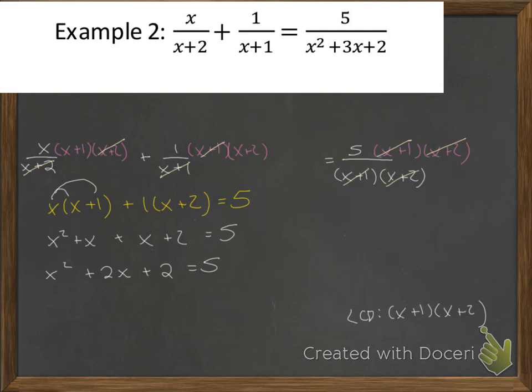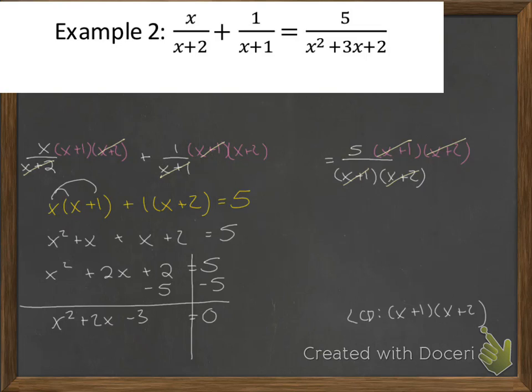Now remember, we are dealing with a quadratic equation, not a linear equation. With a linear equation, we try to get all of our variables on one side and everything else on the other. When we have a quadratic equation, we need to get 0 on one side so that we can apply the zero product property. So we have x squared plus 2x minus 3 is equal to 0.